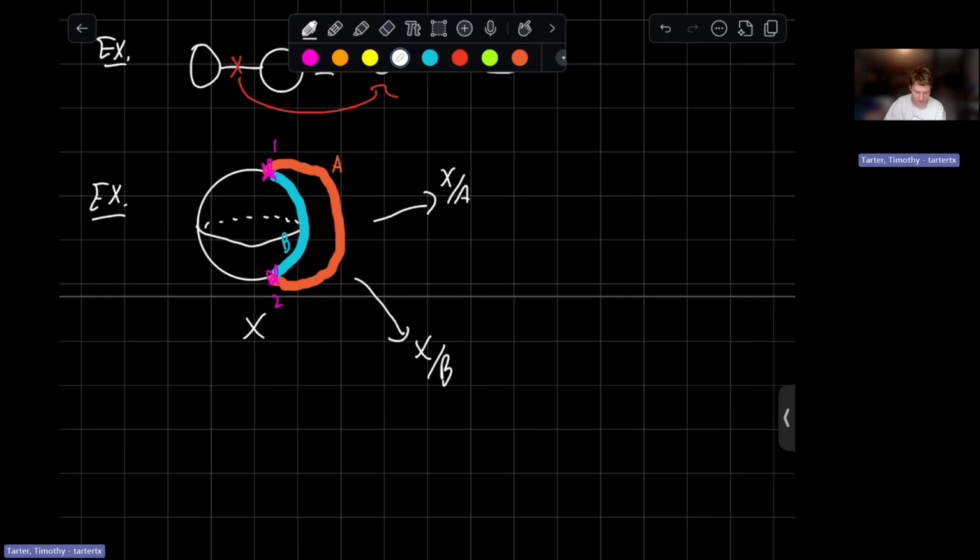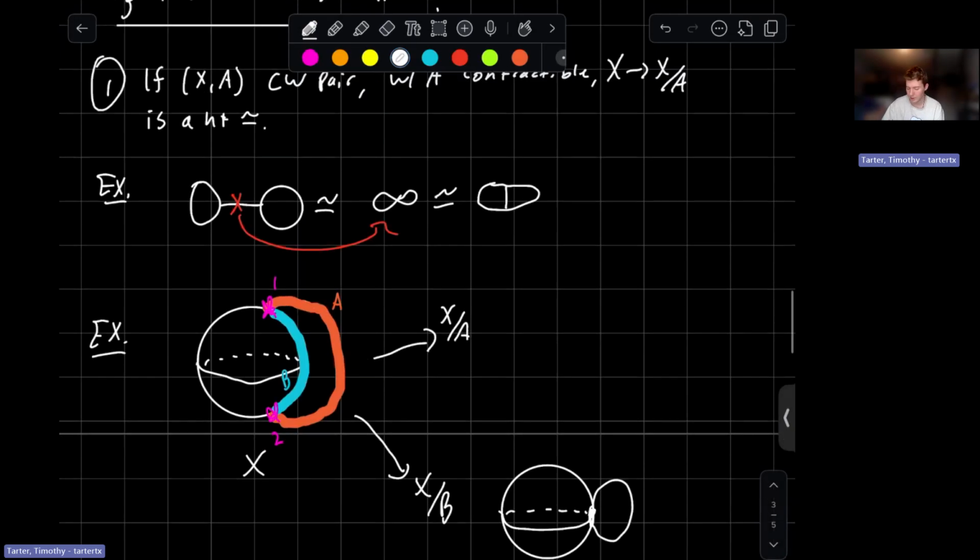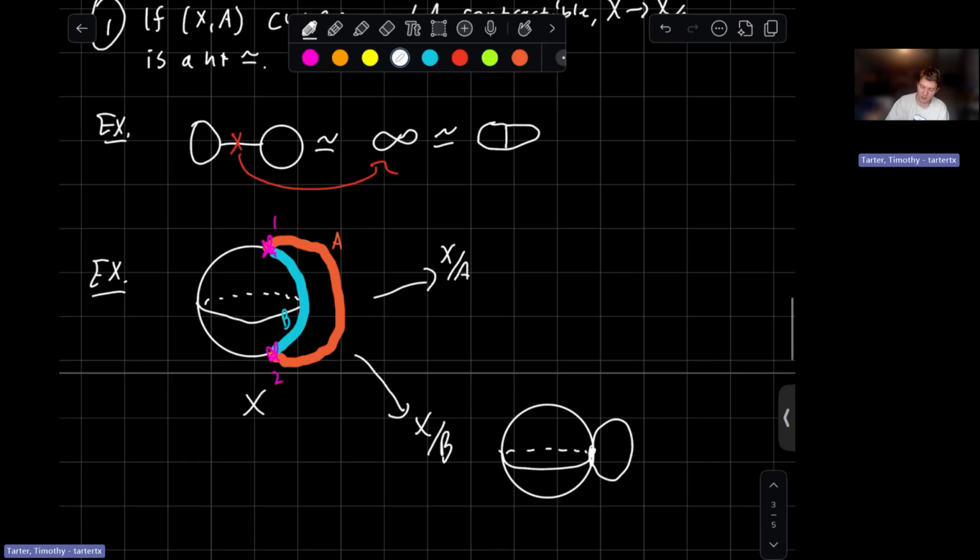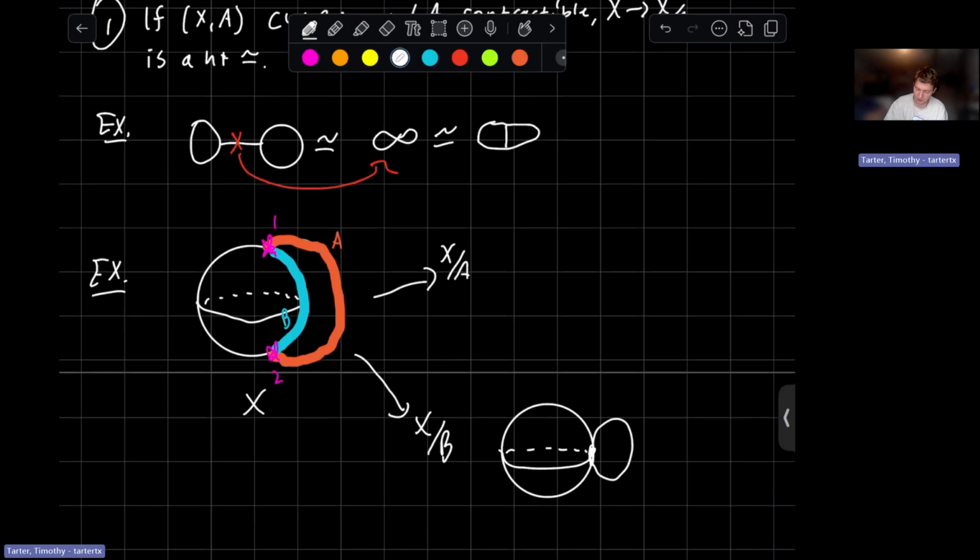And so that leaves us with a 2-sphere that has the wedge sum at the identification 1, 2. Whereas if we collapse this thing down, what we end up getting is that there is this sort of hole in the sphere.